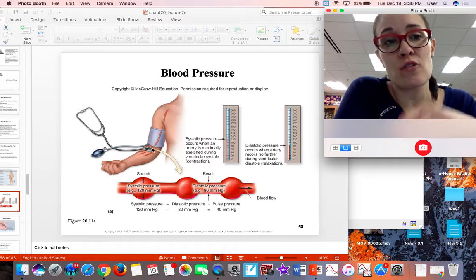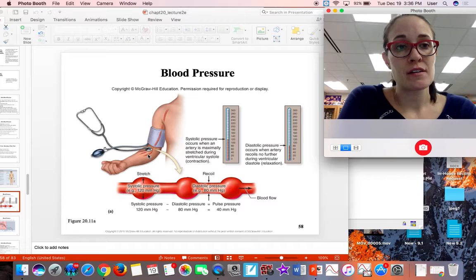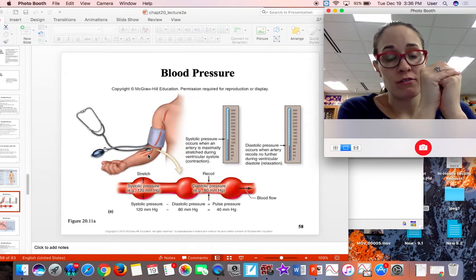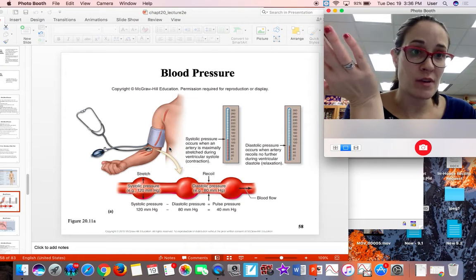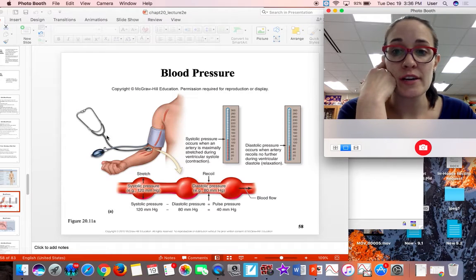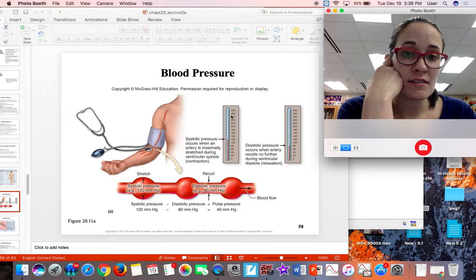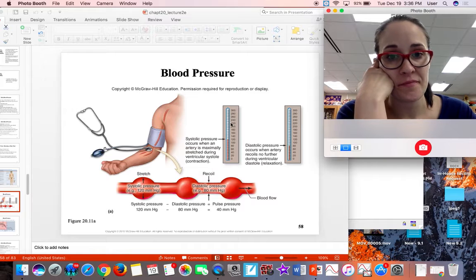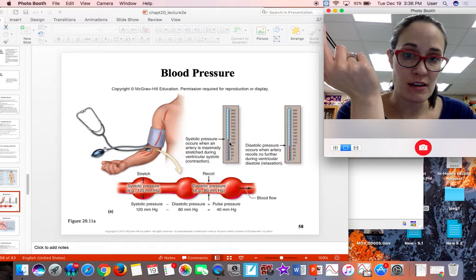If you're doing it manually, the stethoscope goes on the arm. When you cut off the blood flow and the stethoscope goes there, nothing can be heard. Then the nurse usually starts removing pressure, and she'll listen for the first sound.